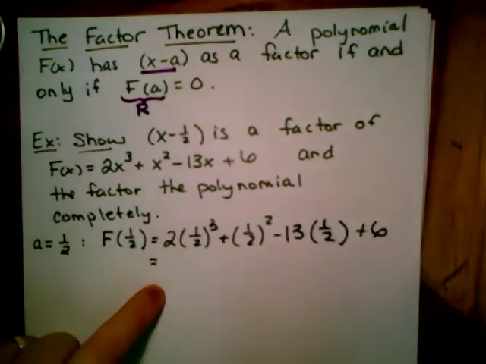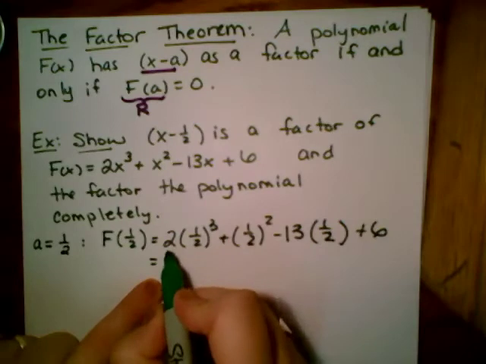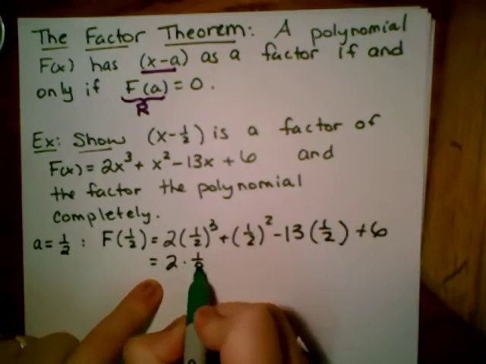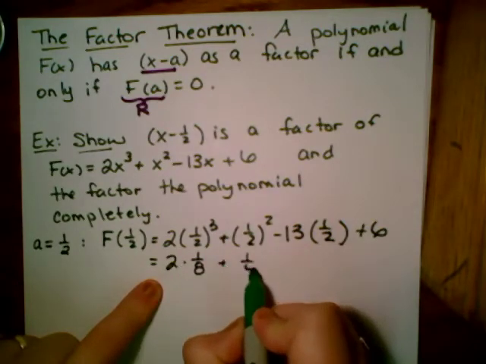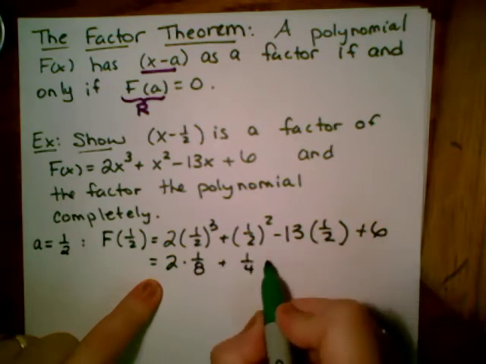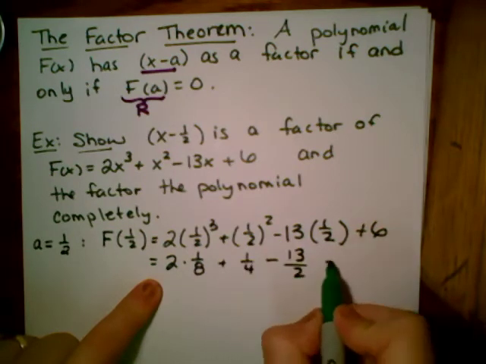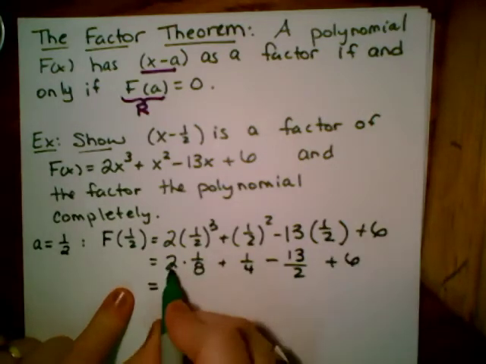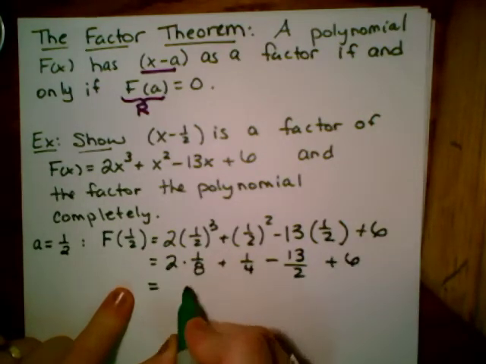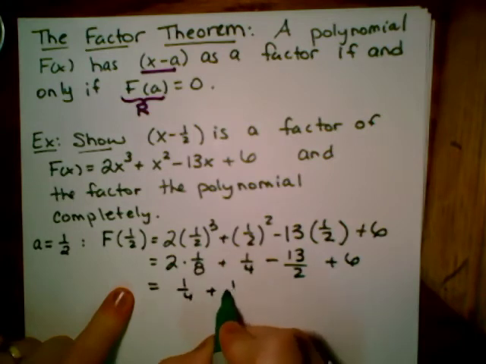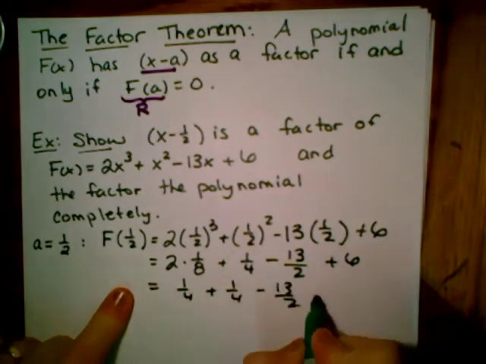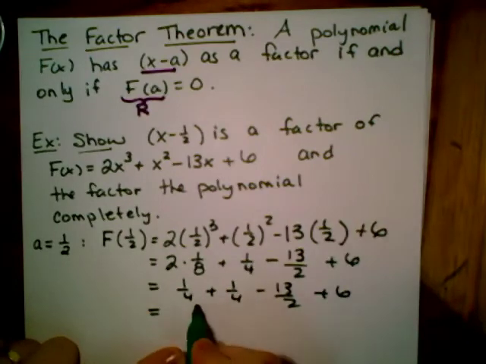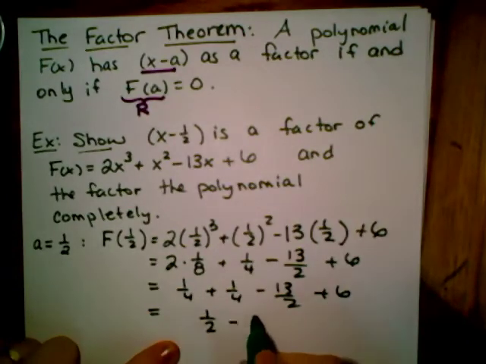So we simplify our exponents first, and we get 2 times 1/8 plus the fraction 1/4. We can multiply and we'll get minus 13/2, and we still need to add 6. And multiplying here, we'll get 2/8, which will reduce. And adding 2/4 will give us 1/2.